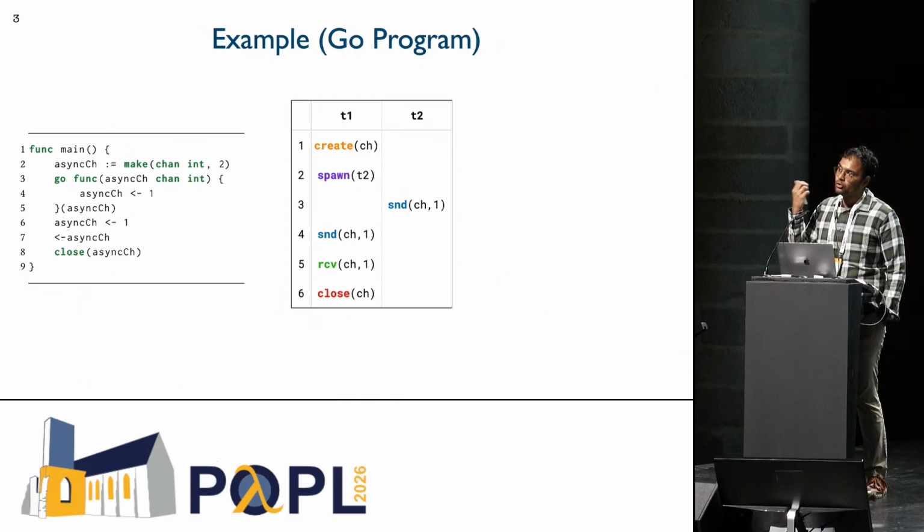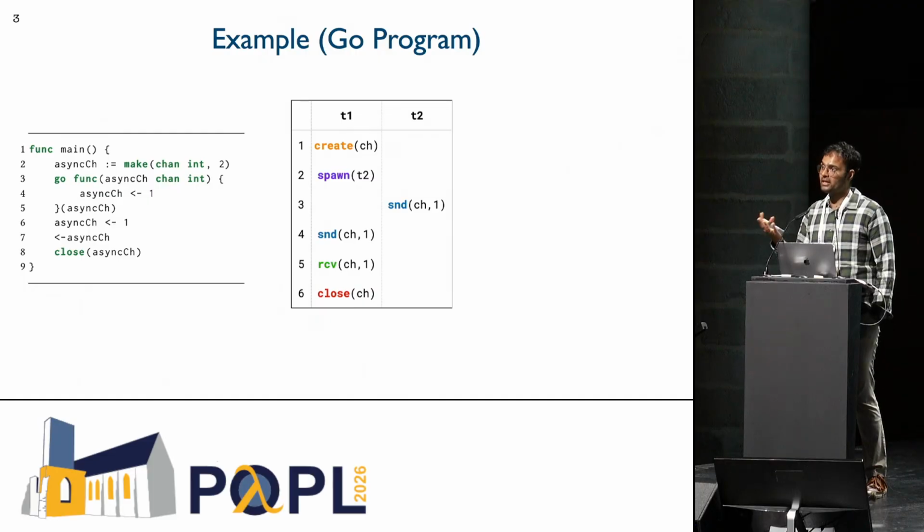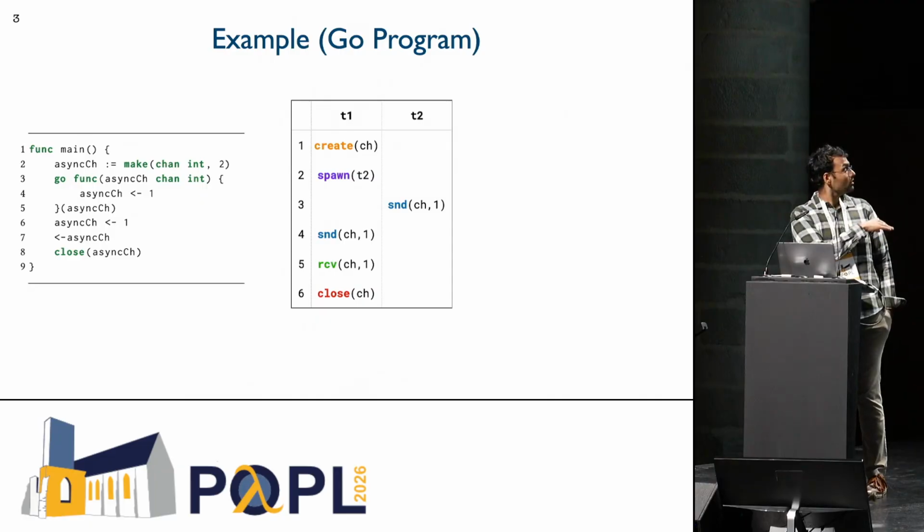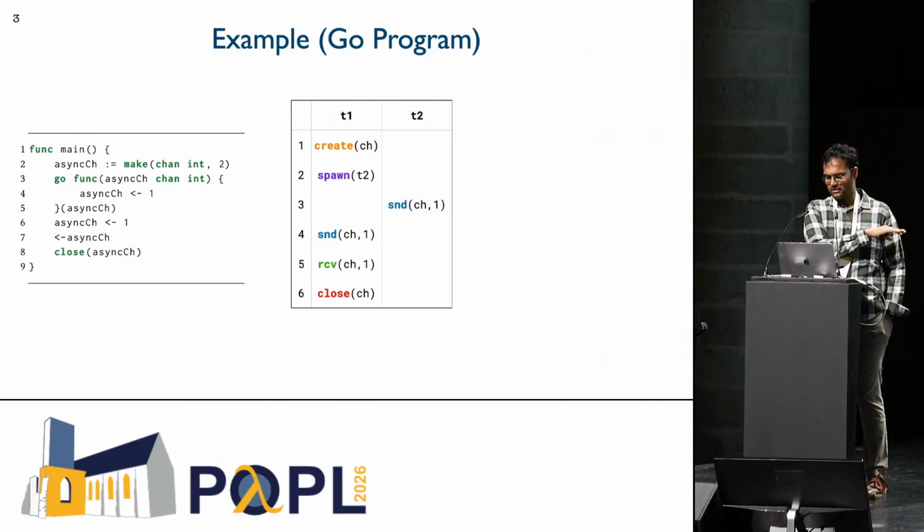Let's say my go-to technique is dynamic analysis, where I draw an execution from the program and look at it. Let's say this is the execution that I got. Unfortunately, because my testing is not so thorough, I got a very nice execution. It's not buggy. Here, the close of the channel happens way at the end, so it doesn't expose a problem.